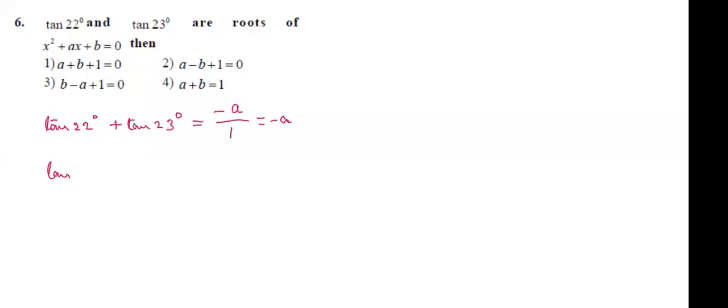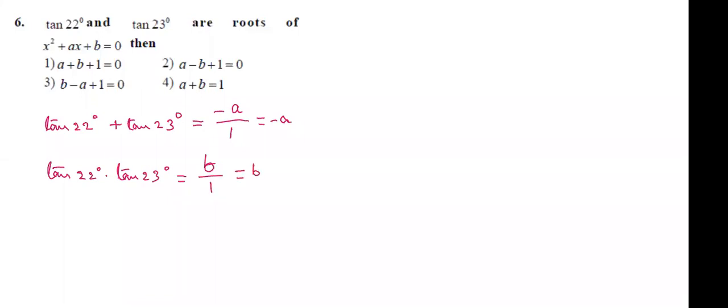Product of the roots, tan 22 degrees into tan 23 degrees. Product of the roots formula c by a. But see the quadratic equation, in place of c, what is there? B. A means 1.